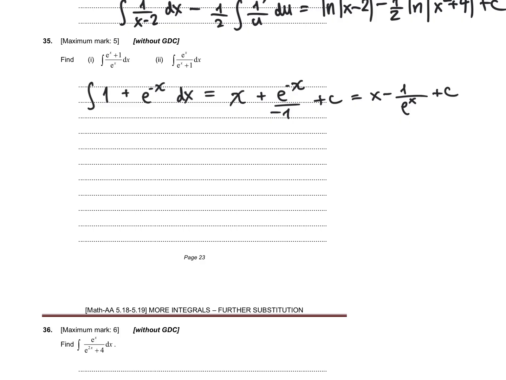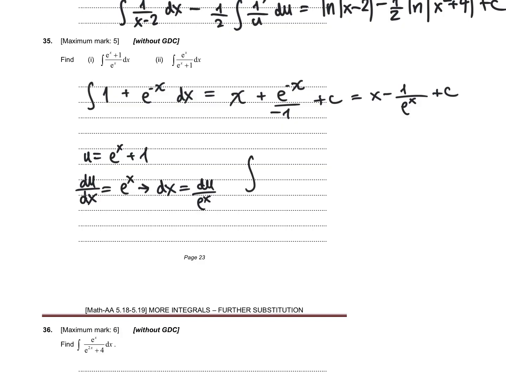Now this one is different because you can't divide it. But we could use u to be e to the x plus 1, so that du is going to be e to the x. So dx is du over e to the x, which will cancel that.